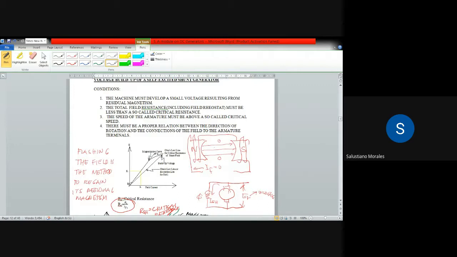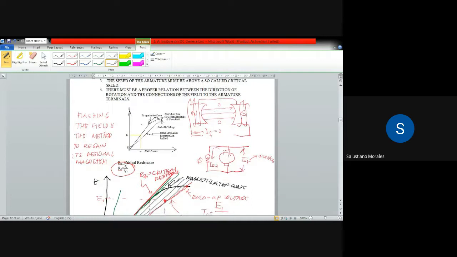So it will not build up to its rated voltage. So ang gawin natin is we're going to decrease the field rheostat until the total resistance of the field including the rheostat is less than the so-called critical resistance. Okay, so that is number 2.